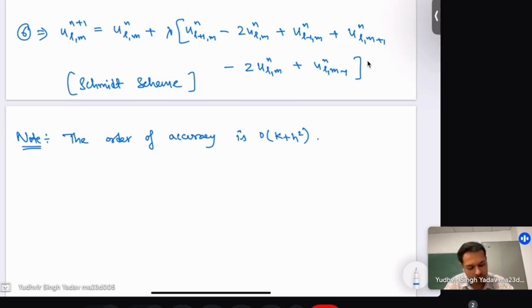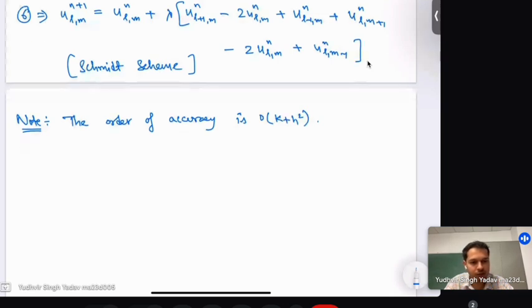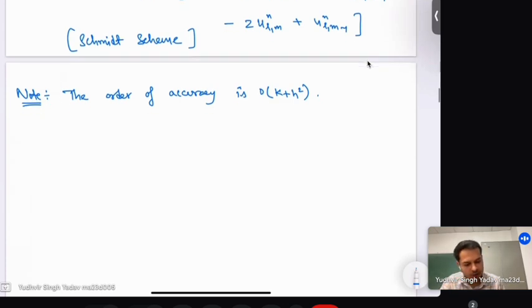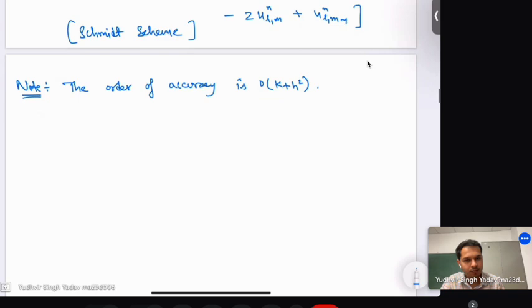So in this case, we already know that for the one-dimensional heat equation, the order of accuracy is given by k plus h square. In a similar fashion, you can try in the same manner as we have done for the one-dimensional heat equation, and one can simply obtain this order of accuracy.